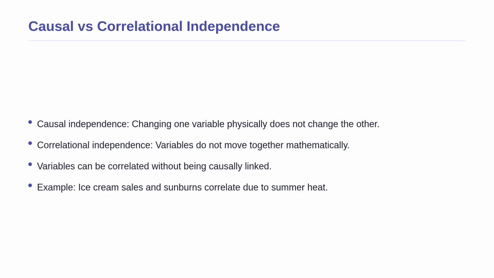Correlational independence means the variables do not mathematically move together in your dataset. However, two variables can be highly correlated without any causal link, usually because a hidden third factor affects both. For instance, ice cream sales and sunburns both rise in summer, but eating ice cream does not cause sunburns.